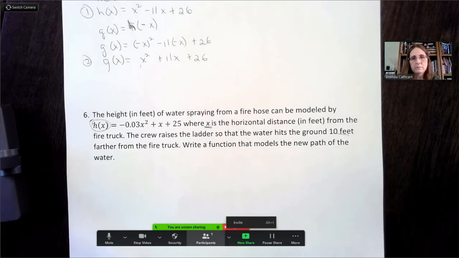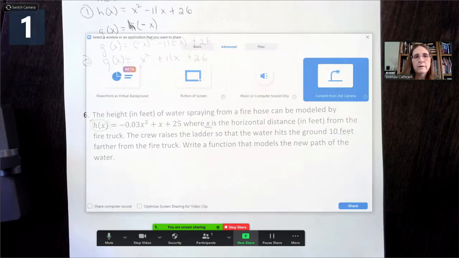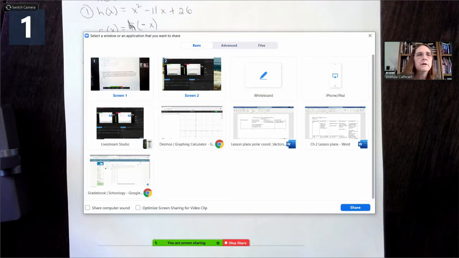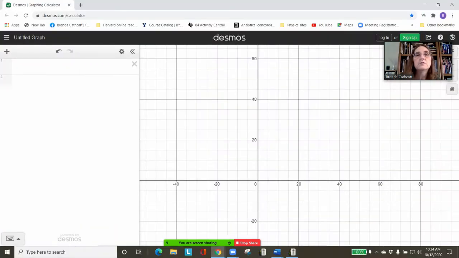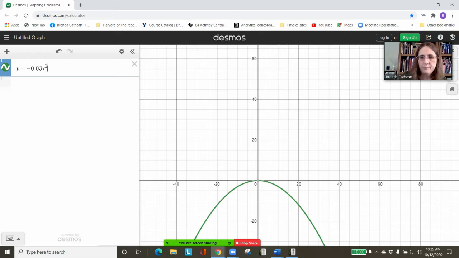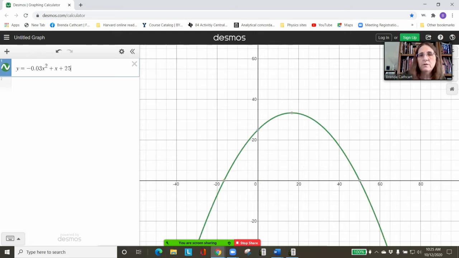So we're going to move to a different share on my screen, and we're going to go to Desmos, which is here, and I'm going to enter that equation that we were looking at. It was negative 0.03x squared plus x plus 25.